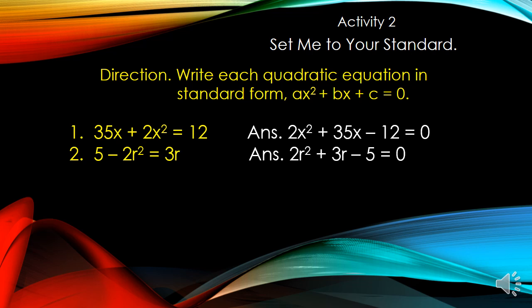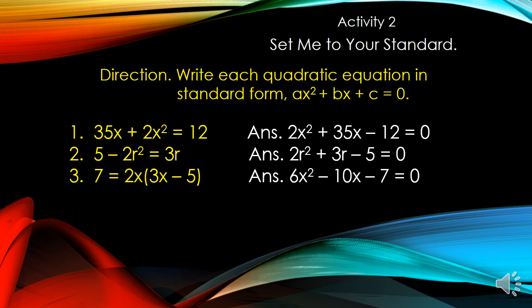But we should always remember that the first term should always be in positive sign. So we have to multiply negative to all the terms or simply change the sign of all the terms in the given quadratic equation. So the final answer is 2r squared plus 3r minus 5 equals 0.